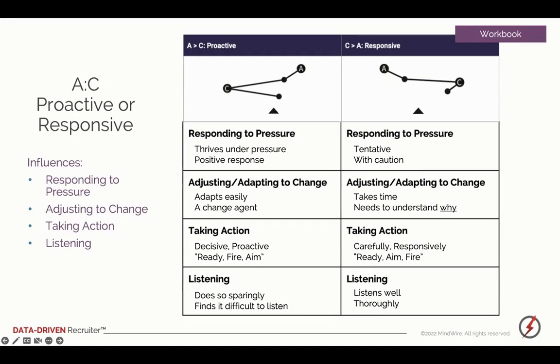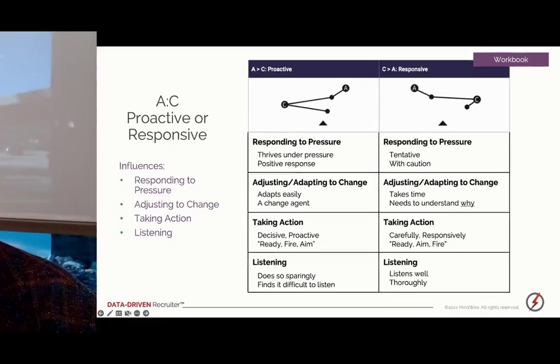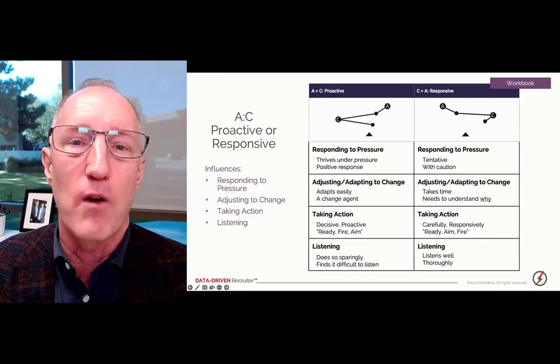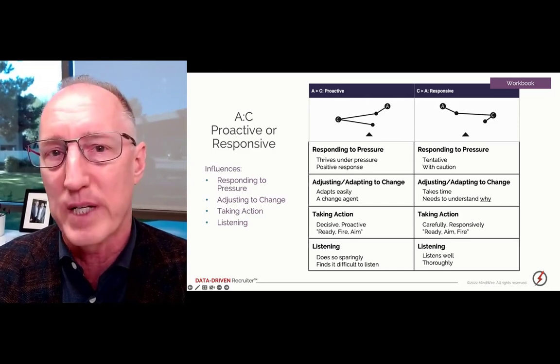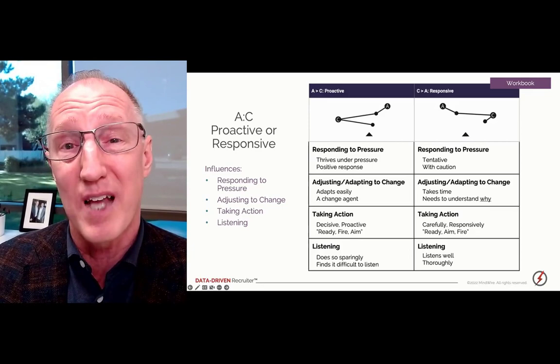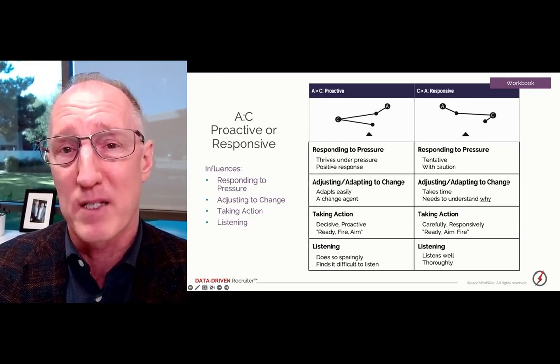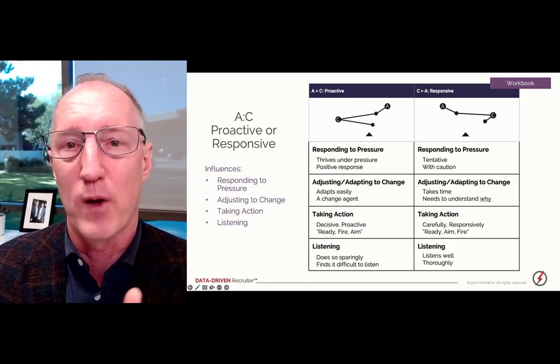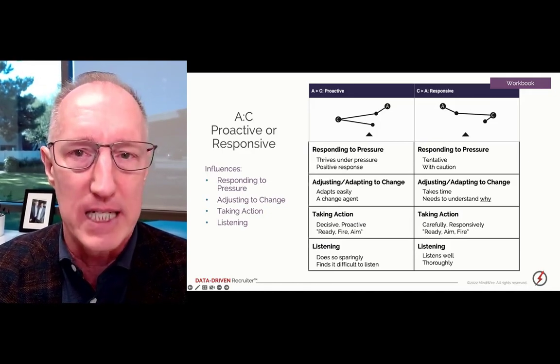We took a lot of notes in class where we broke down, if I know this factor combination, what does that tell me about somebody? So, for example, not only will A over C tell me whether they're proactive or responsive, but it will also tell me how somebody responds to pressure, how well they adjust to change, what they're like taking action, and how well they listen.